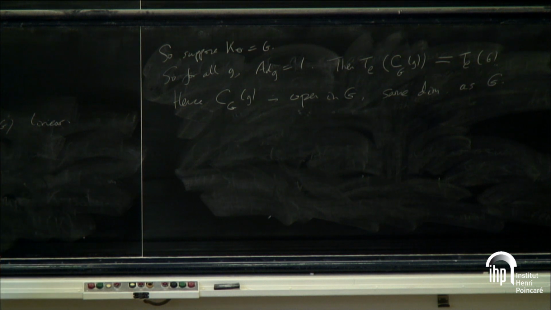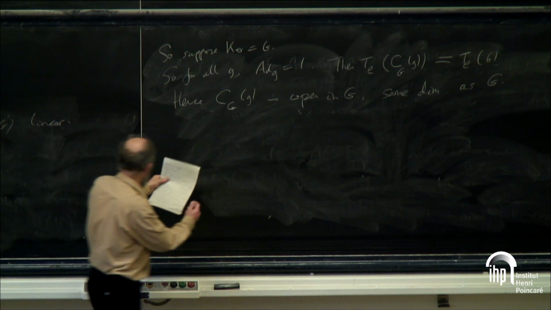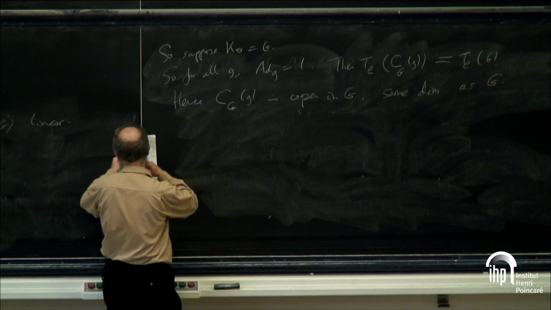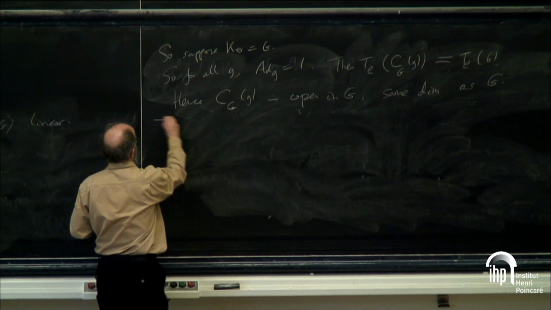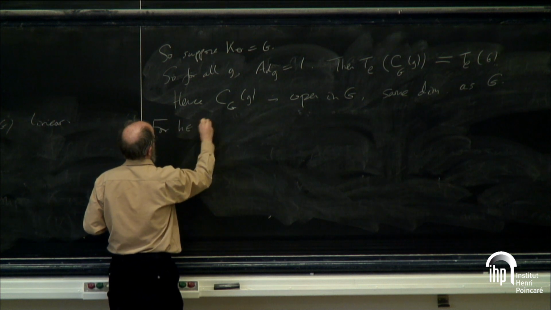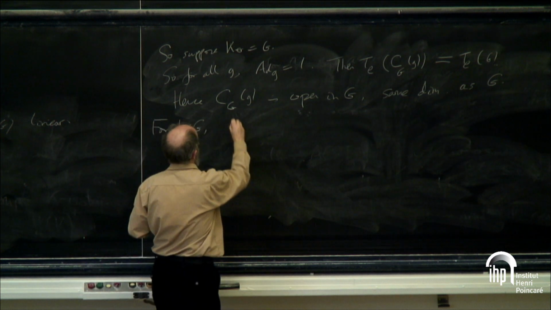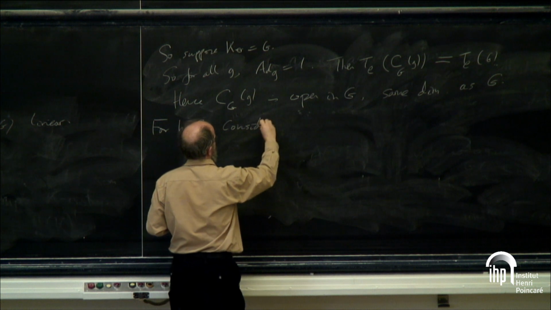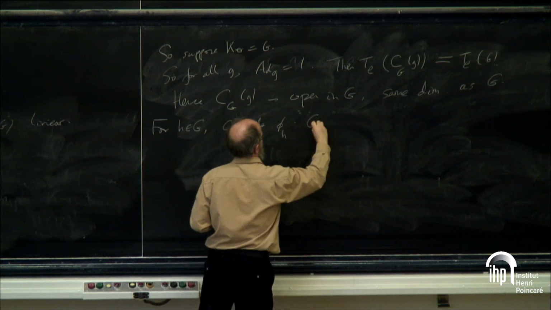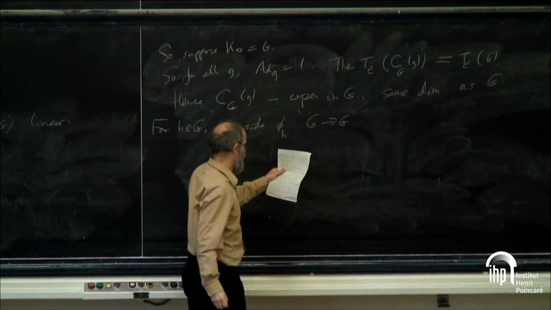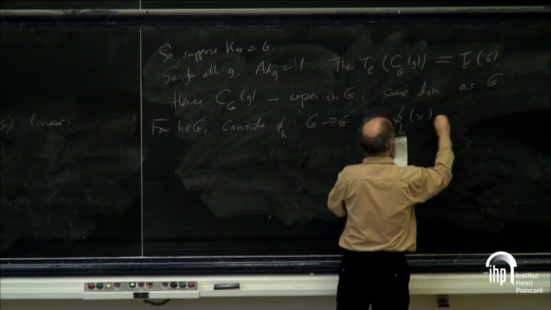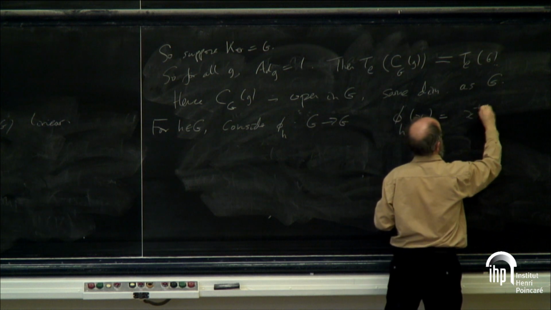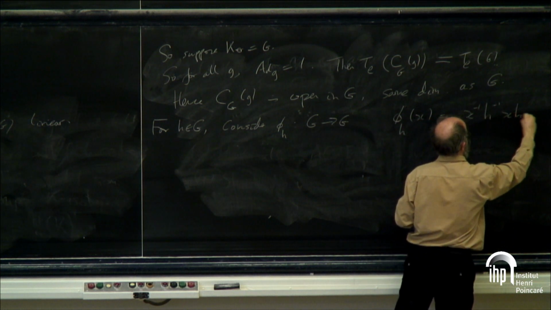And so there's a nice argument that eliminates that, just because of definability. So for H in G, you just consider the map phi H from G to G, where phi H of X is just the commutator, X inverse H inverse XH.